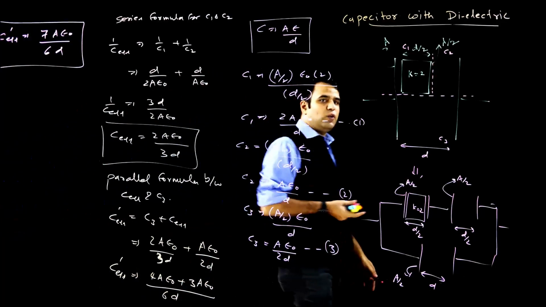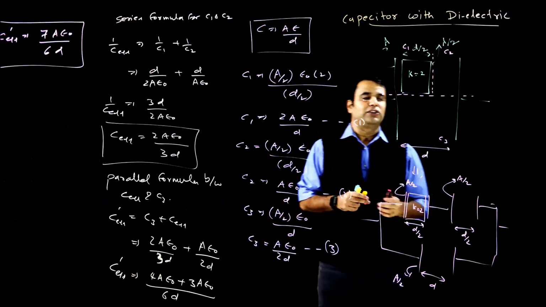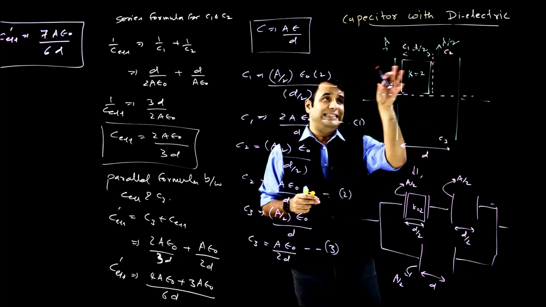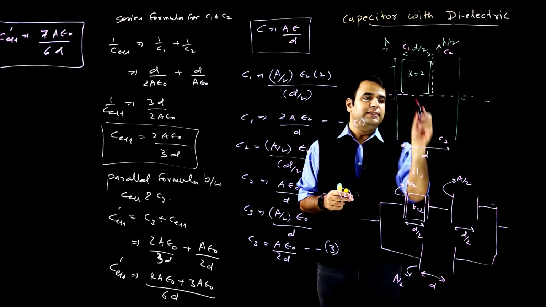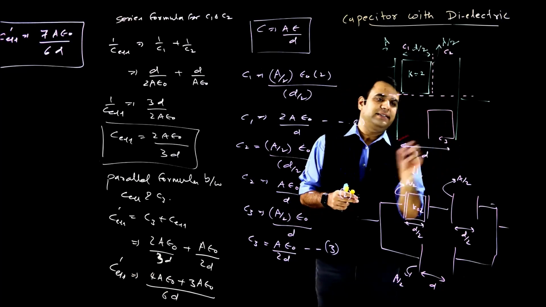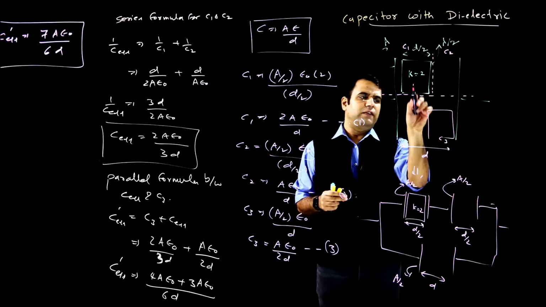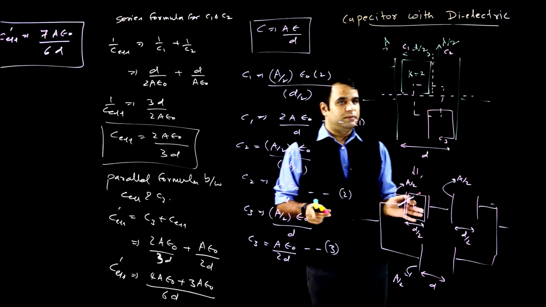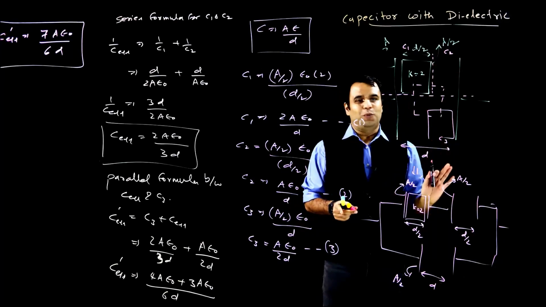So in this lecture we actually learn two things. The first thing was the system where I'm placing this dielectric at one of the corners, or when we are placing the dielectric somewhere in between, they all are the same. The orientation has to be the same.